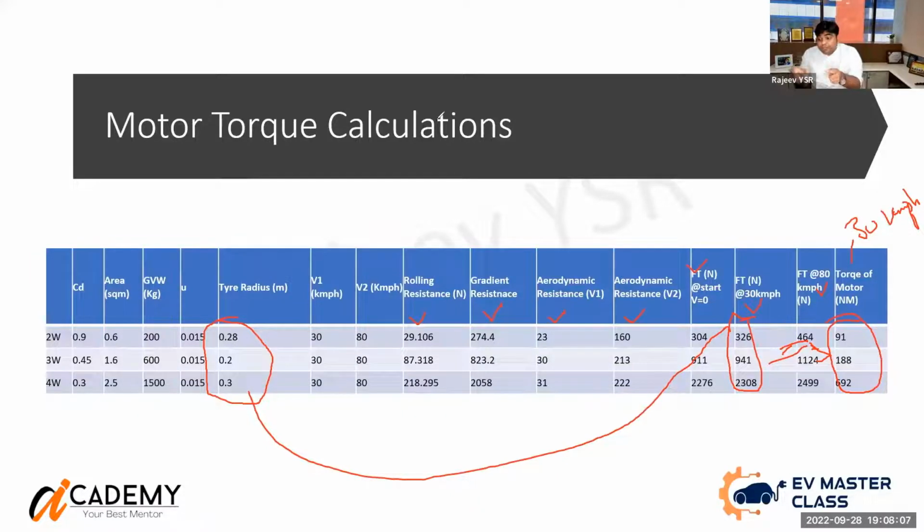Now we will also calculate the power with respect to torque. Then you have a torque versus power curve. That means you have torque and power requirements for your motor, and you will pick that torque-power motor combination. Now you've got the drive train or traction motor combination that is required for your vehicle to move.